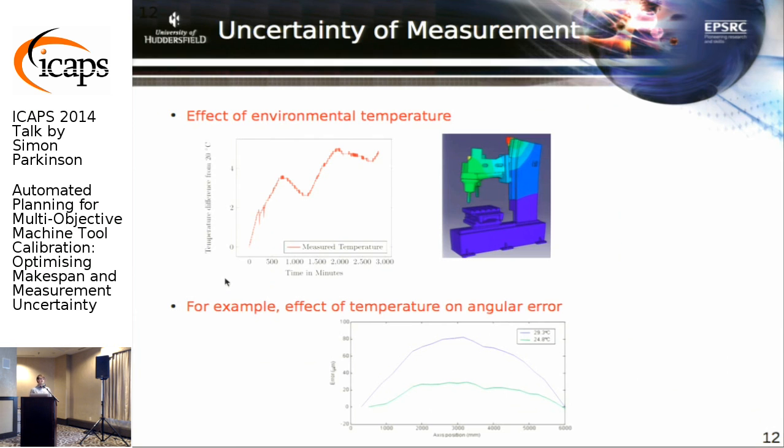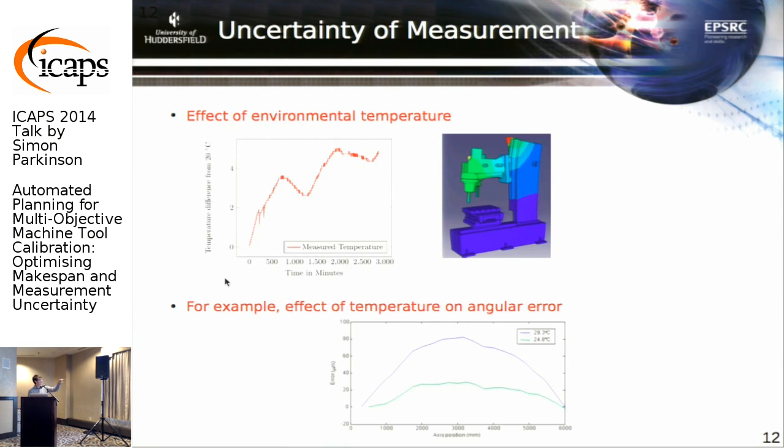So what can affect this tolerance window? One of the main ones within the machine tool environment is the environmental temperature. Some of the factories that one of our clients works in in China, their environmental temperature changes on about a 20 degrees centigrade scale every day, and this causes massive problems for their machines.